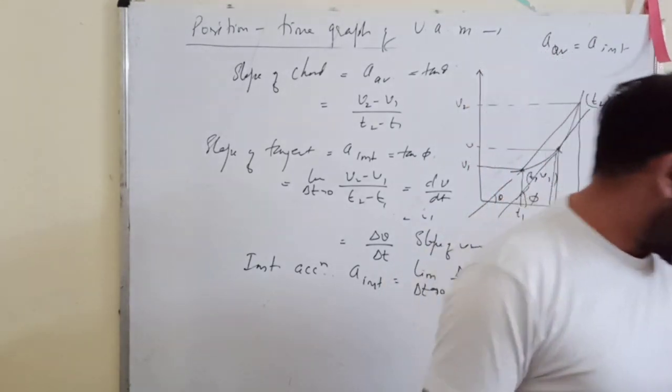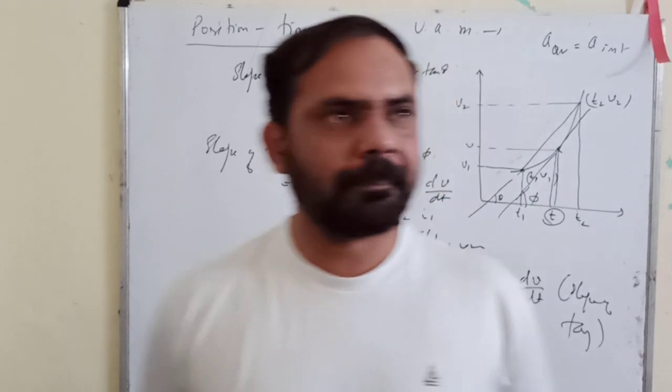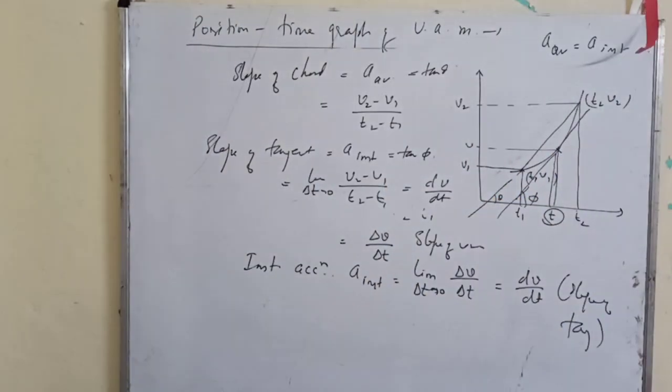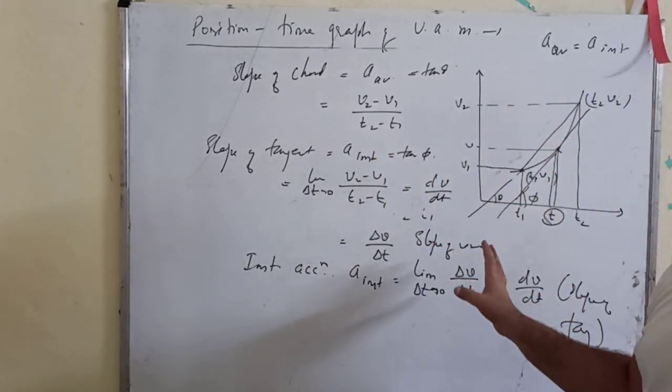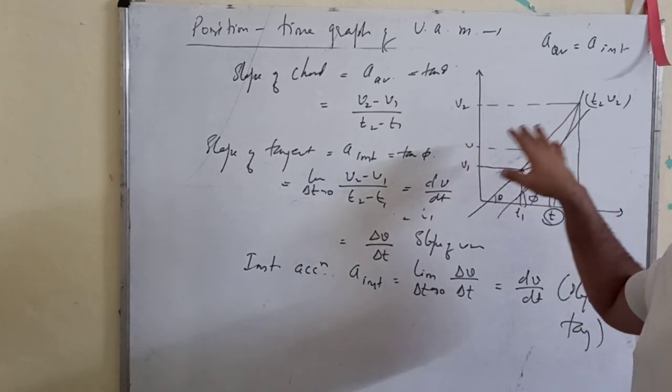If you have any doubt, you can ask me now. Students, are you there? Yes, sir. So any problem? No doubt. It is, I think, very much similar to that particular velocity part only. Same way, same thing. If you want to find the average value, you will have to find the slope of the chord.